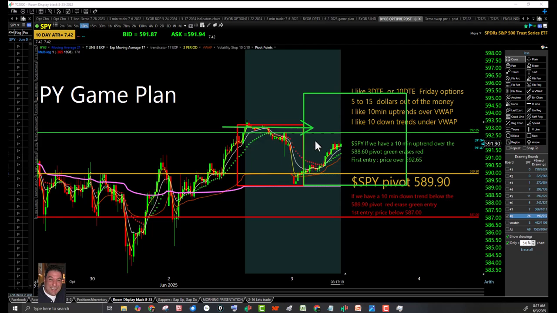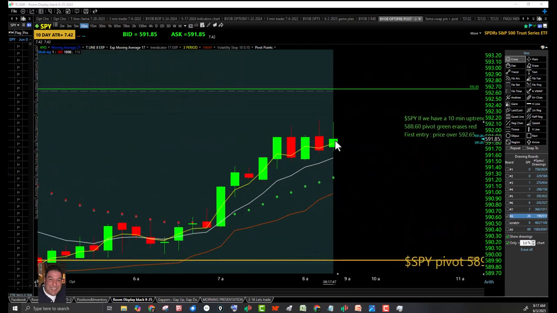So that's what I'm looking for, a continuation of the 10-minute uptrend that we left off with yesterday. So I'll be looking for green candles. I just don't want any topping wick candles, something that's got more wick like this than body and tail. Won't trade that.